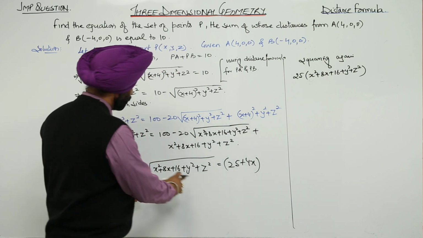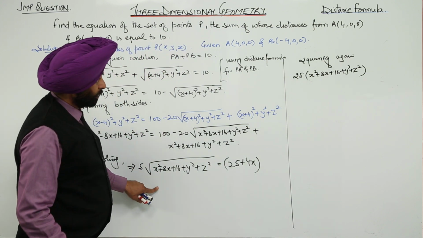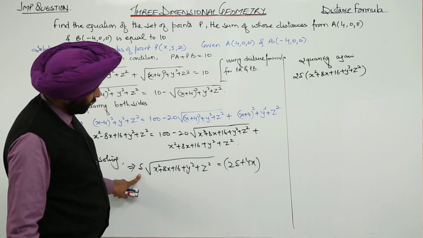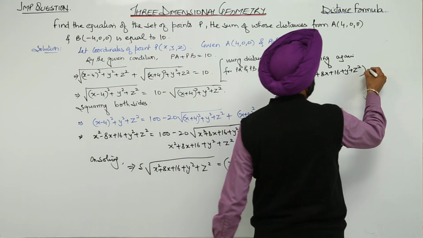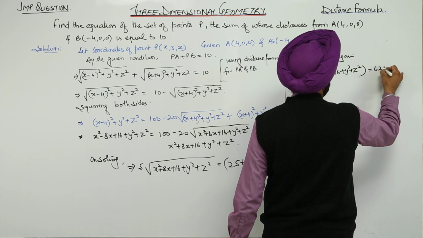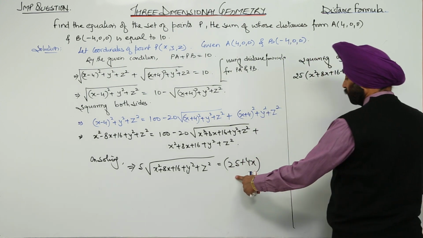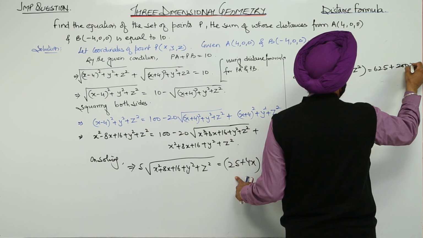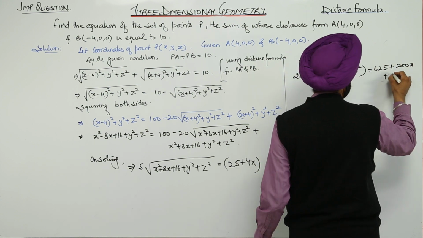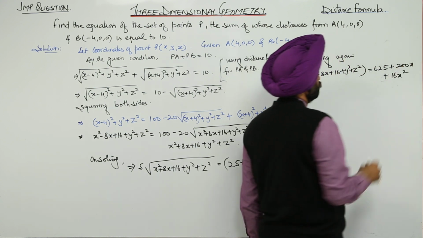Squaring again means now again we have to remove the square root. So squaring this part, square of 5 is 25. Here the square root vanishes, is equal to 625 plus 200x plus 16 x square.